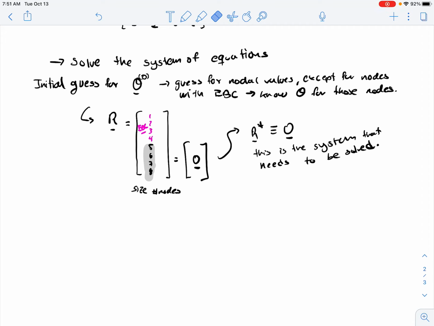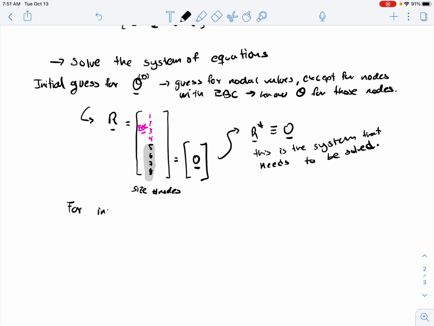In this case, the first four nodes have essential boundary conditions. So I only need R star to be zero, where R star is the residual corresponding to the nodes 5, 6, 7, 8. This is the actual system that I need to solve. The first part of the residual is not going to be zero, so I just need to ignore it.